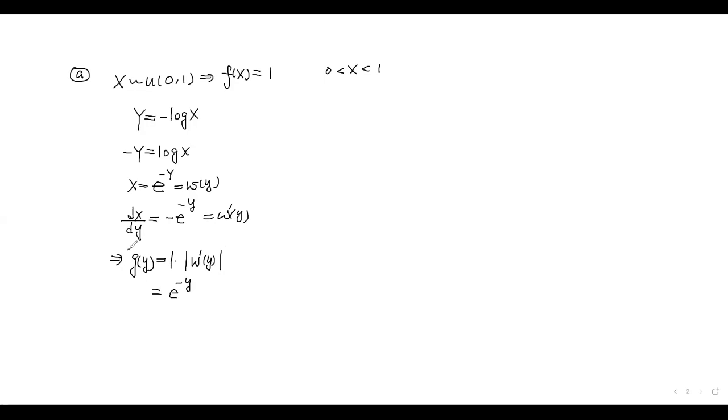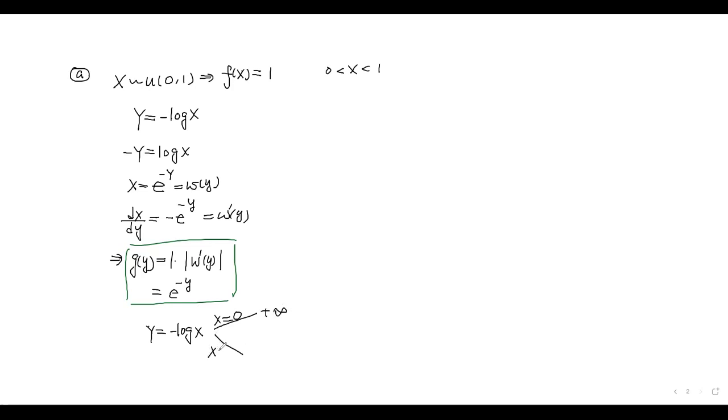Okay, so this is my PDF here, but remember I mentioned you always need to find the domain. If you just write this, it's not complete here, all right? So now the Y equals the negative log X here. So you know when X is equal to 0, log X will go to negative infinity, so then the negative will give you positive infinity.